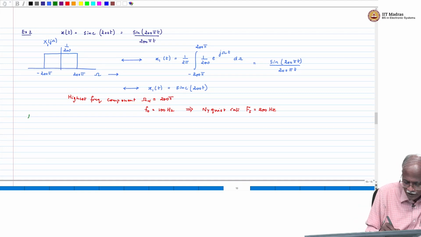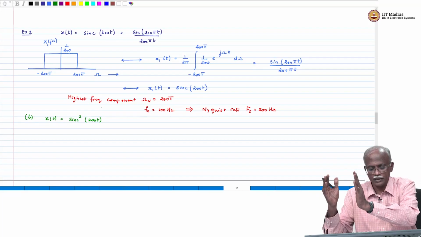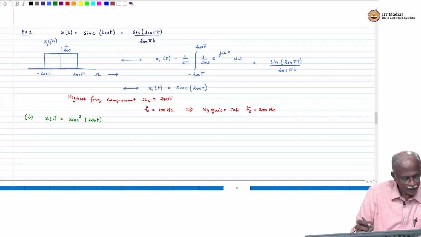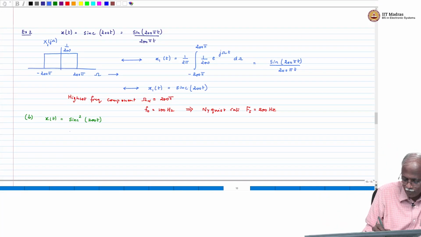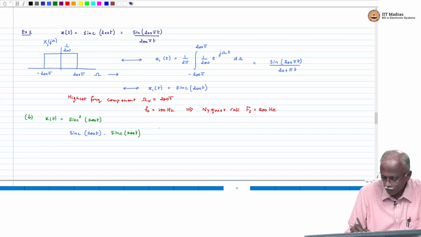A variation of this: if I tell you that x of t is equal to sinc squared of 200t, that means sinc times sinc, which is the same as multiplying sinc 200t with sinc 200t. If you look at this in the transform domain, it will be a convolution.